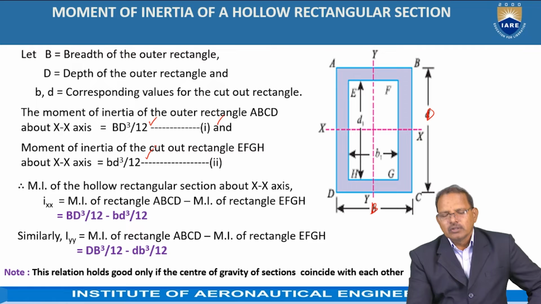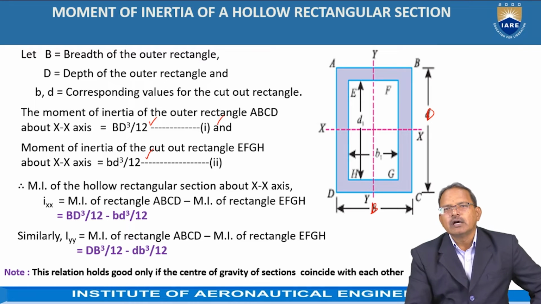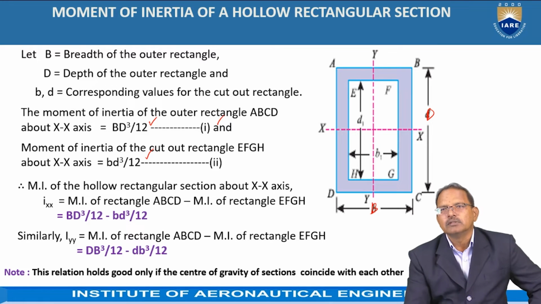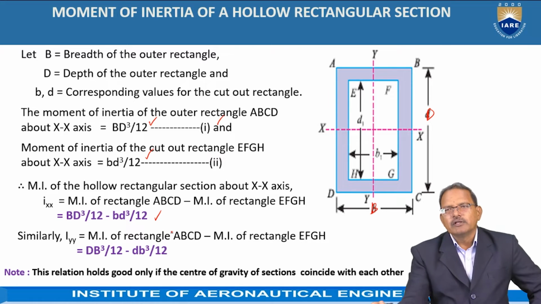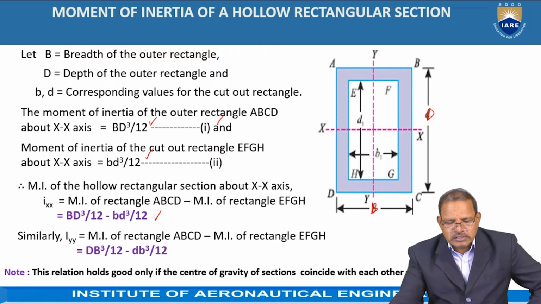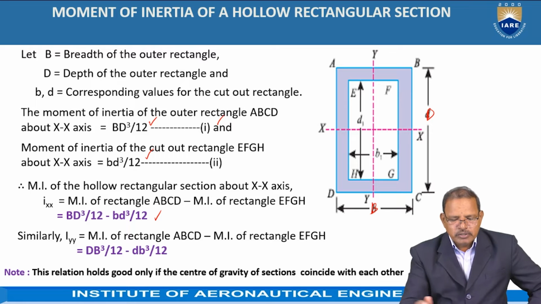So the moment of inertia of the hollow rectangular section about the x-axis is the difference between the outer and inner rectangles, equal to BD cube by 12 minus bd cube by 12, as shown in the figure. Similarly, about the y-axis it is given by DB cube by 12 minus db cube by 12.